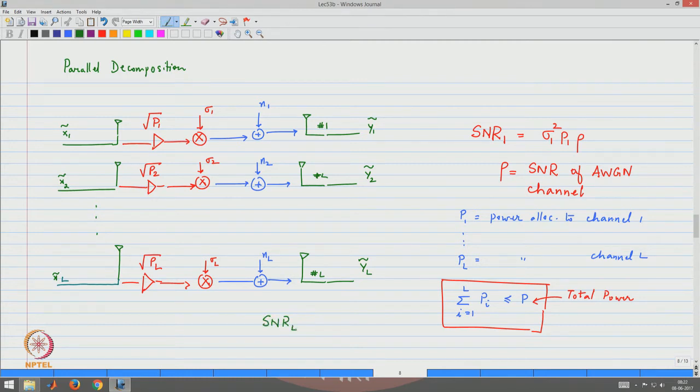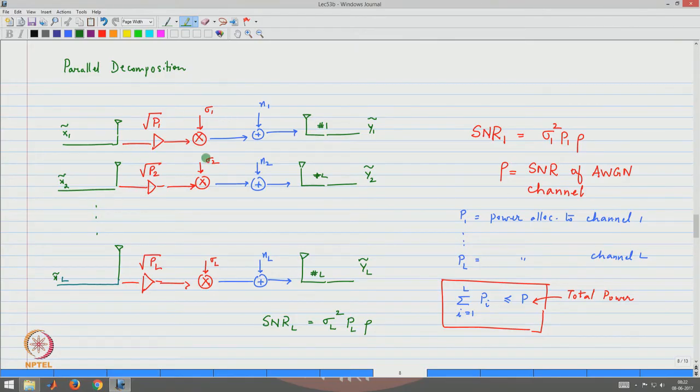The SNR of the Lth channel can be given by sigma L squared PL times rho, where we have made the assumption that the variances of all these noise terms are the same, and if all of these are transmitted with the same signal power, then rho is constant for all of them.